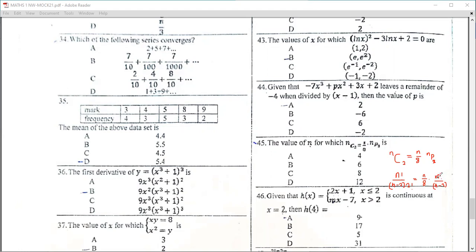So this n factorial and this one will cancel out, n minus 2 factorial cancels with n minus 2 factorial. When we cross multiply, we'll be left with 2n is equal to 8. And what will be the value of n? So n will be equal to 4. So in this case, our key will be equal to A.